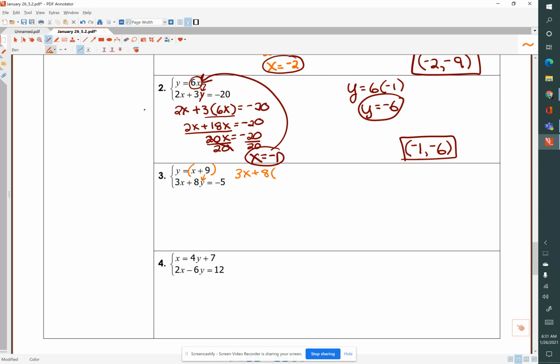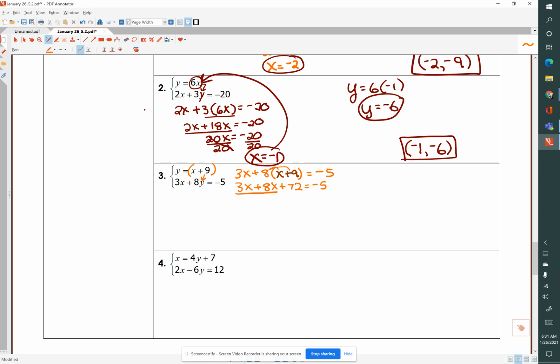Let's even change the color. I want to make sure you can see this. So I'll have 3x plus 8 times x plus 9 equals negative 5. The first thing I need to do is distribute here: 3x plus 8x plus 72 equals negative 5.